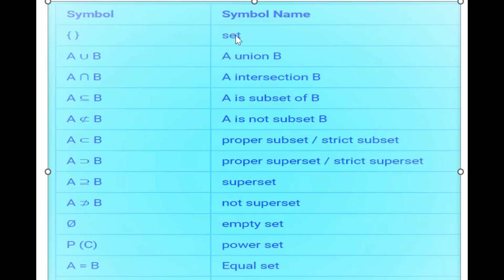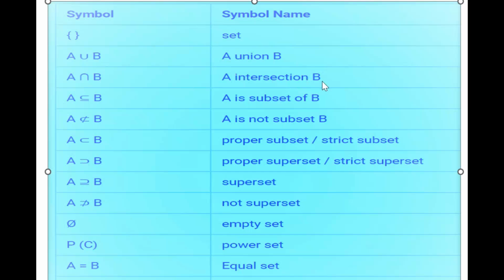Set representation. There are different symbols used in set representation or set notation. Just like we defined before, when you have a collection of objects enclosed with curly brackets, then we say it's a set. A union B is represented like this.